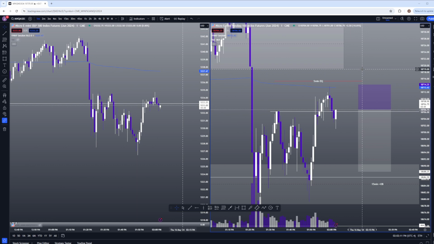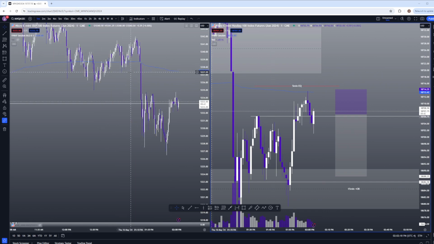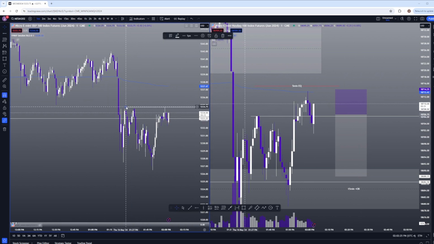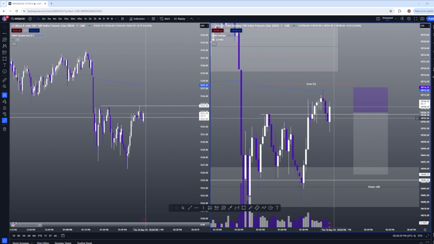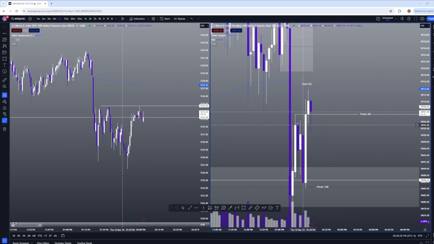Just waiting for something clear. I know I keep repeating myself, but it's the truth here. Still getting that SMT on ES. Maybe let's see if ES can break through these highs. There's a pretty strong bounce off that 5-minute bullish fair value gap down here.